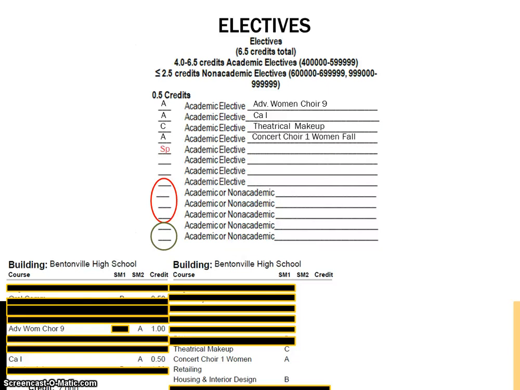They're currently enrolled in retailing and currently enrolled in concert choir. Sorry, I skipped that one. It's not here, but choir is a year-long course, so they are currently enrolled in that course. Again, retailing is in the spring, and then a B in housing and interior design.